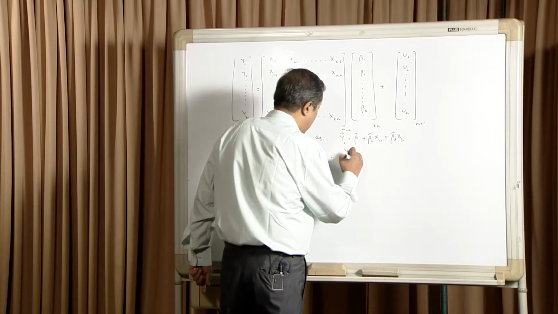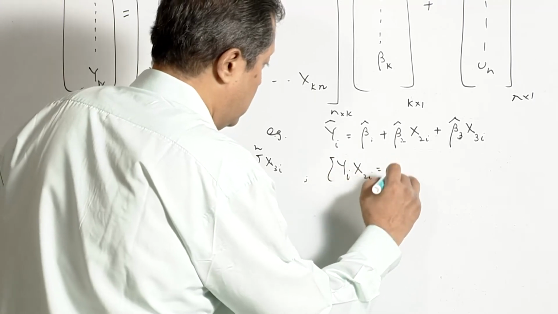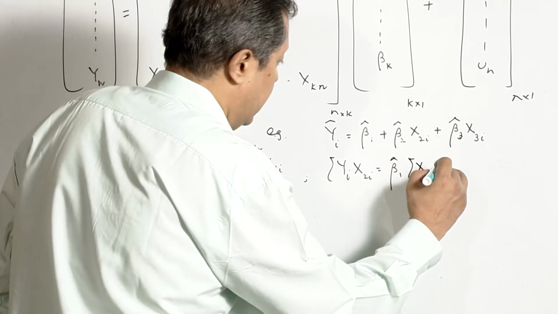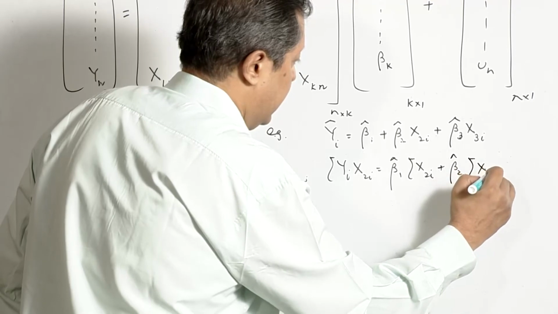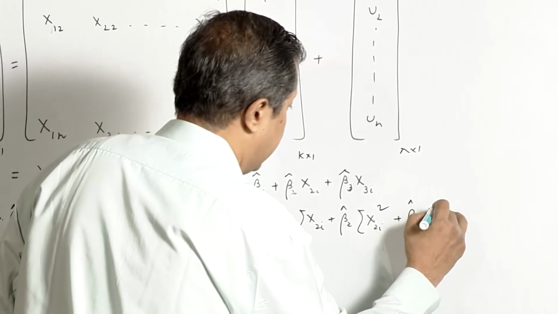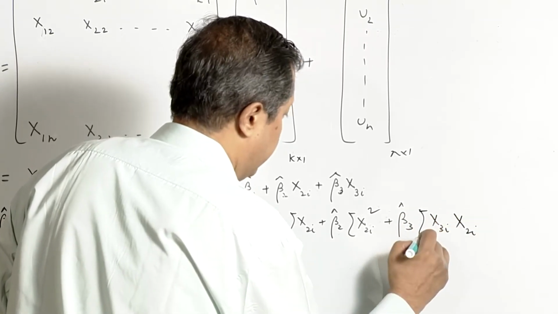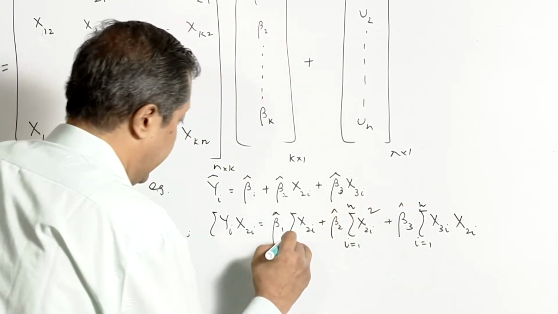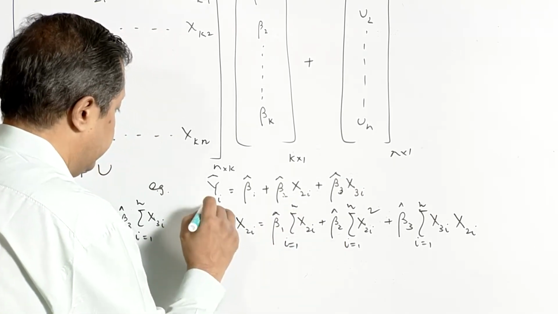So, we have summation yi x2i equal to beta 1 hat summation x2i plus beta 2 hat summation x2i square plus beta 3 hat summation x3i x2i. Everywhere i runs from 1 to n.